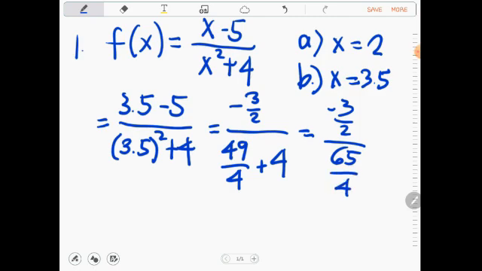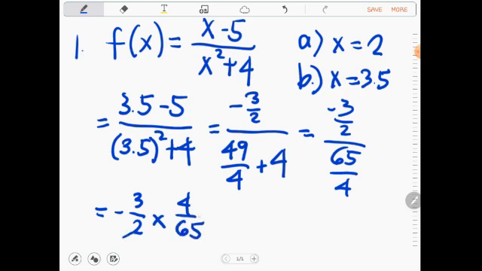over 4. Okay? Take note that our numerator and the denominator is same fraction. Okay? So kapag ganyan, ang gagawin natin, proceed tayo sa multiplication and then the last part, yung ating denominator, ang gagawin natin ay i-reciprocal natin siya. Okay? And this would equals to negative 3/2 times reciprocal ng denominator is 4 over 65.